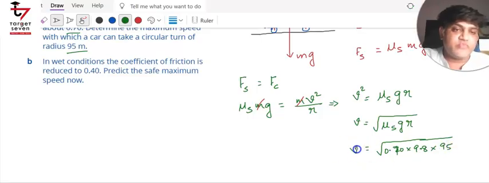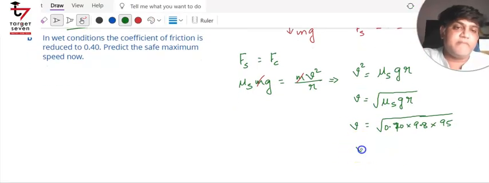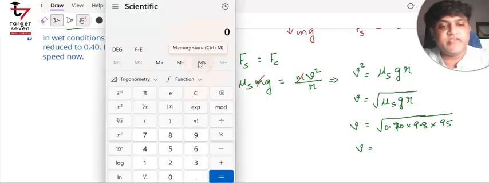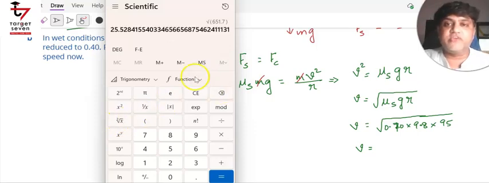All right, so this will be the value of the maximum possible velocity of the car on that particular surface. Let's quickly try to calculate the values here. It is 0.7 into 9.8 into 95, and all of this under root will now give me a value of 25.52.